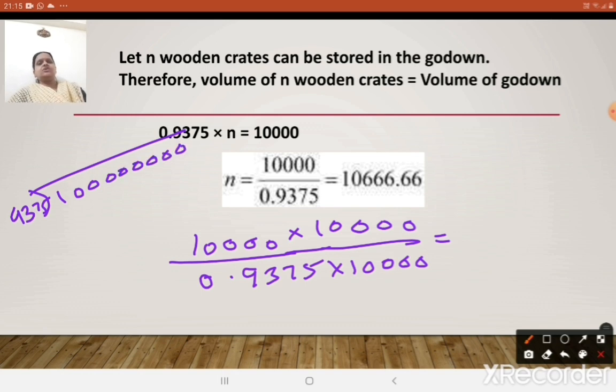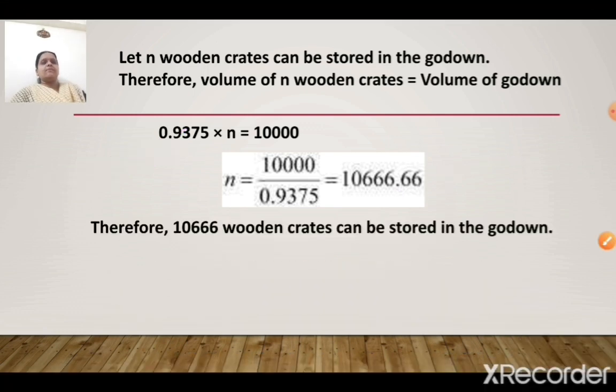We don't have any choice here to calculate that, so let us find the answer. You will get the approximate value here as 10666.66. Actually, as we know the number of crates should be a whole number. So here we are not getting the exact value, we will get the approximate value.